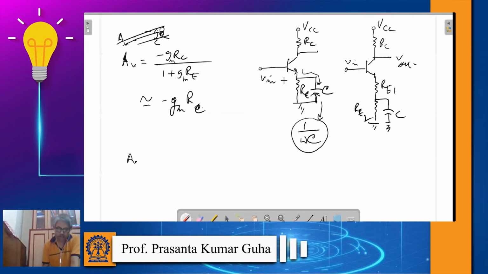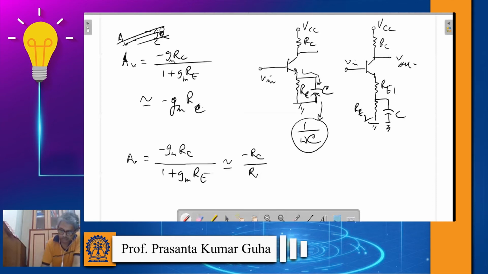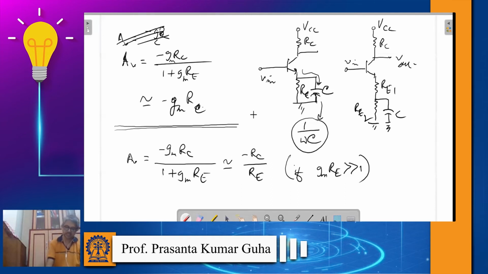Okay. Now we can simplify this gain formula a bit more. I should have told you before. This is just a degenerate emitter circuit where we haven't used any capacitor.